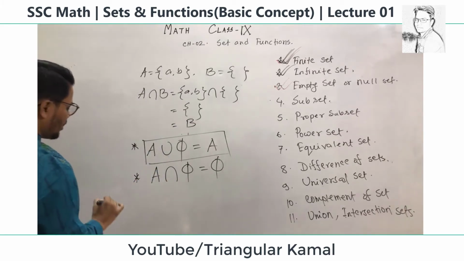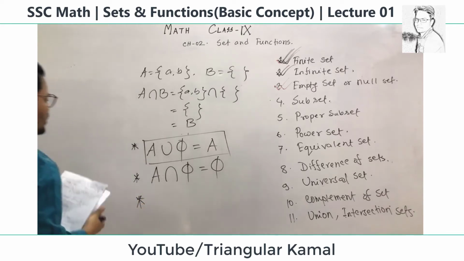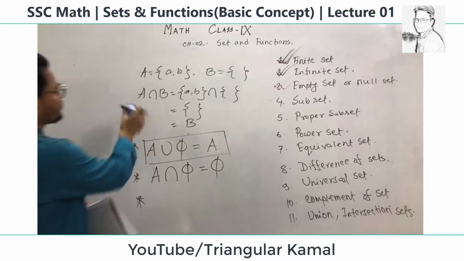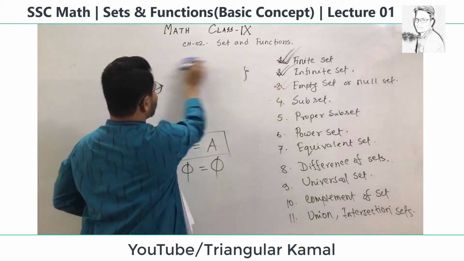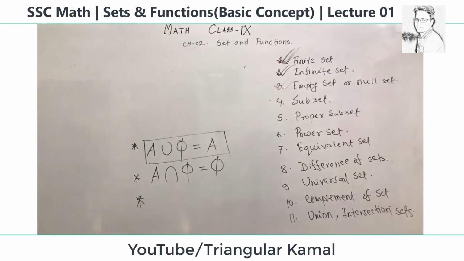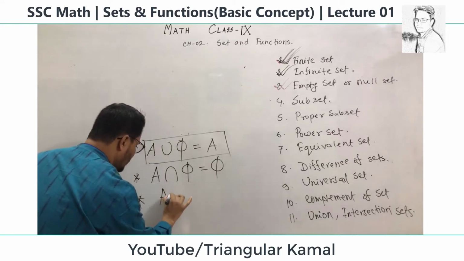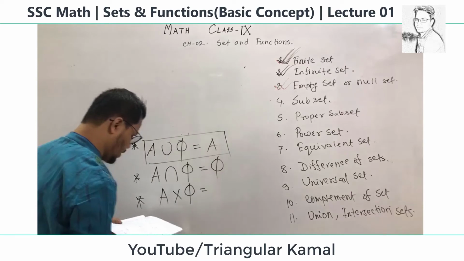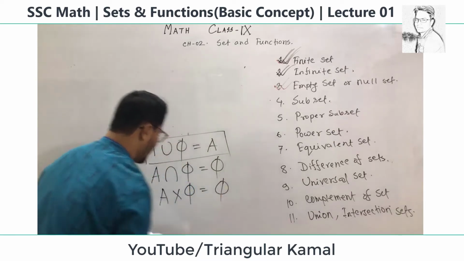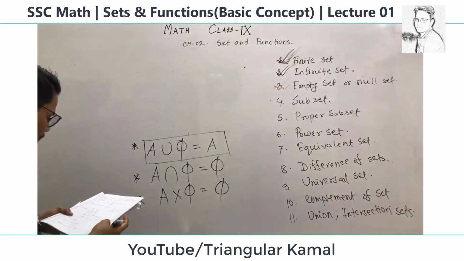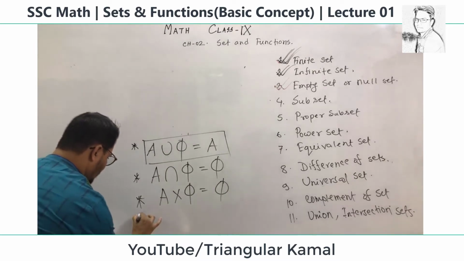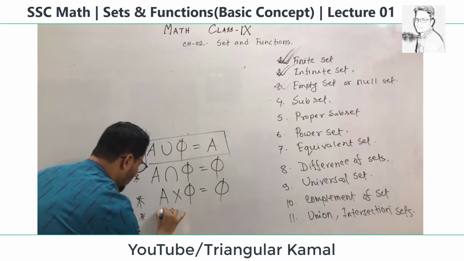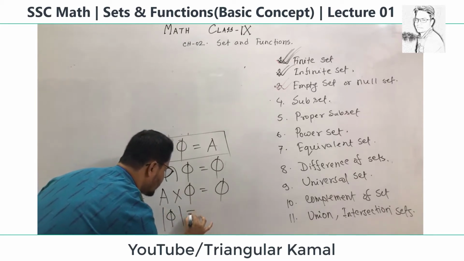And now another formula, number 3, the multiplication. According to the Cartesian product, if we find the multiplication with the empty set, the result will also be empty. Another formula, number 4, write down this one: the absolute value of the empty set is 0.